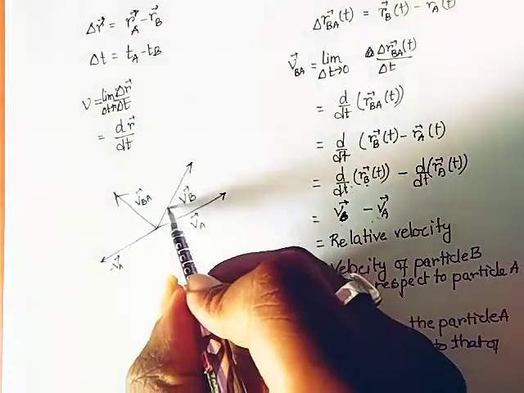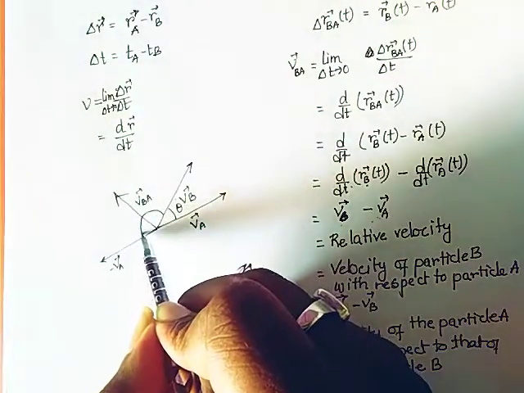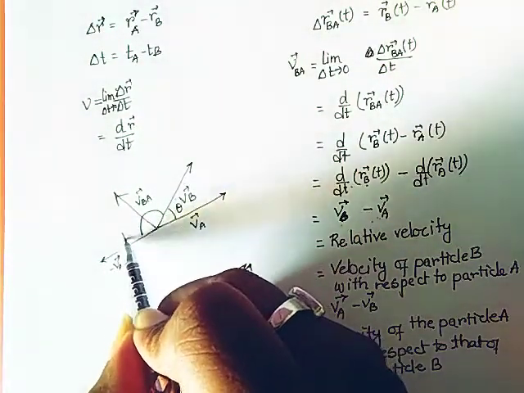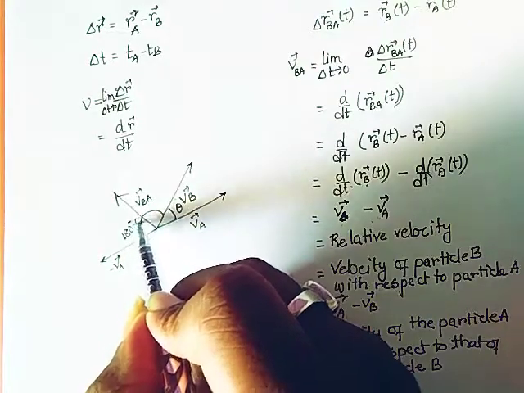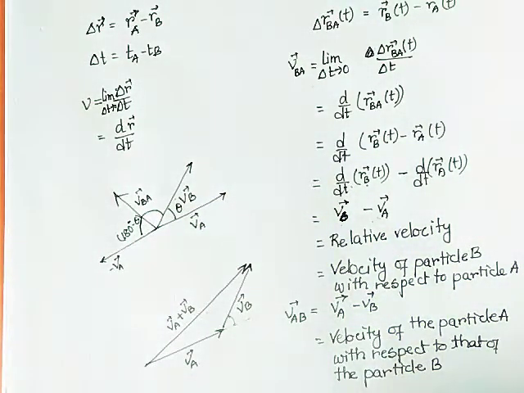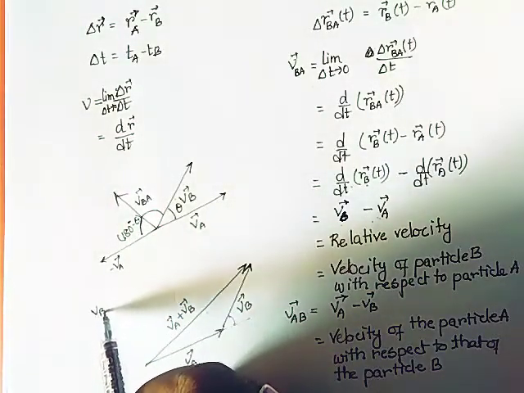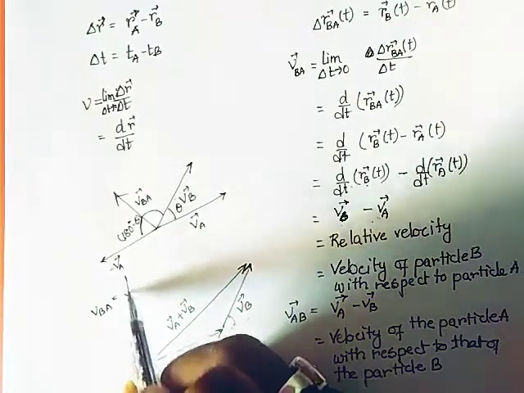So if now the angle between these two is theta, then the angle between VB and minus VA will be 180 degree minus theta. If I want to find out VBA directly, then VBA will be followed by this formula.